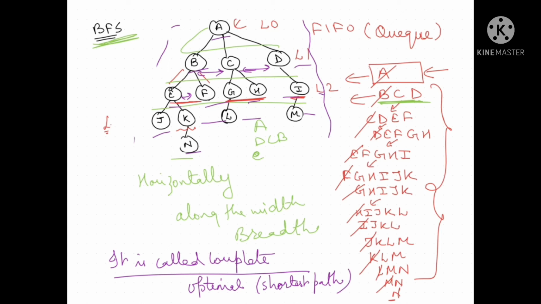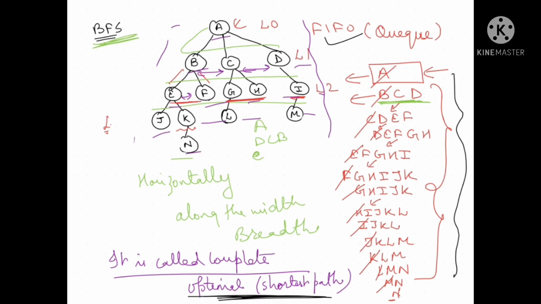So the point we are trying to say is that BFS follows a few things. That is FIFO, first in first out, the queue mechanism, and level order, which I've already told you. It follows the shortest path, so it's optimal.